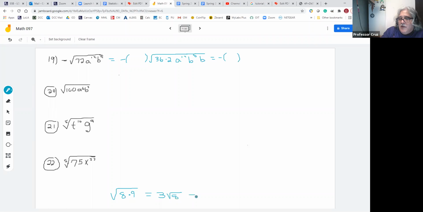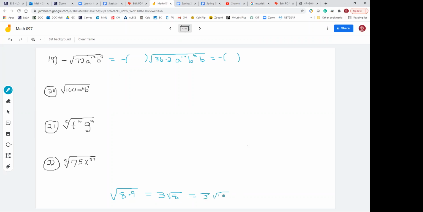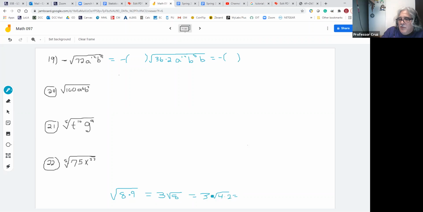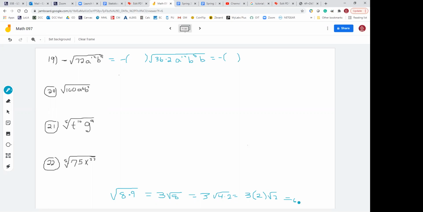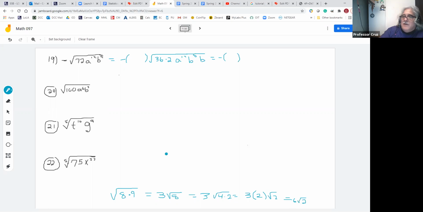Now, what's wrong with 8? 8 still has a 4 times 2 in it. So then it's going to be 3 times 2, and the 2 stays inside. So it's 6 square roots of 2. So it still ends up being the 6 and the 2. Yeah, it's just that you have to do it twice. Gotcha. All right.